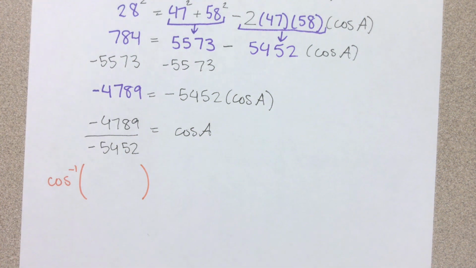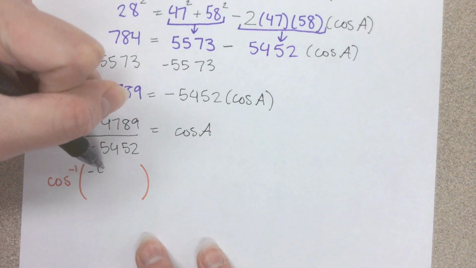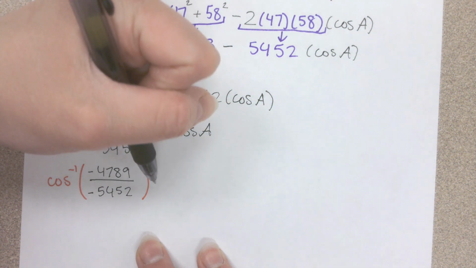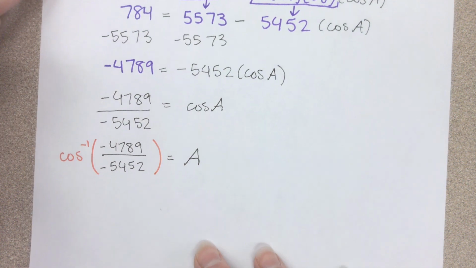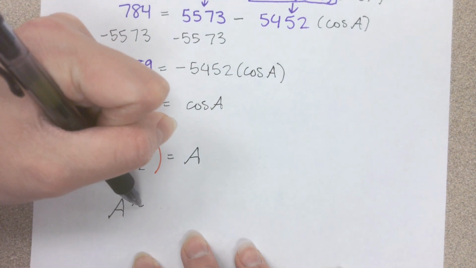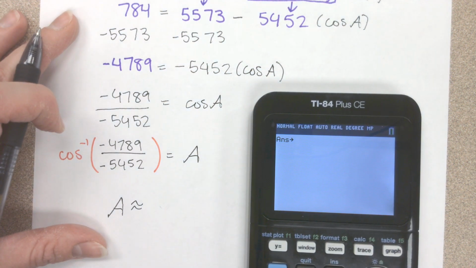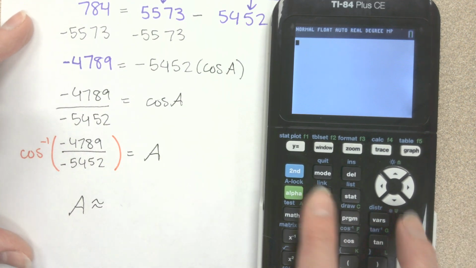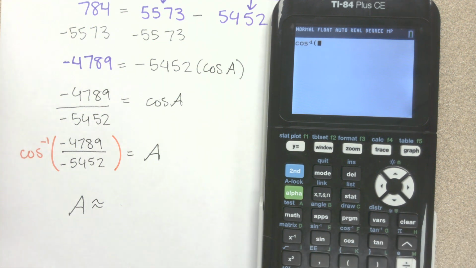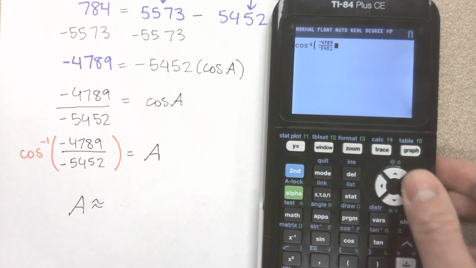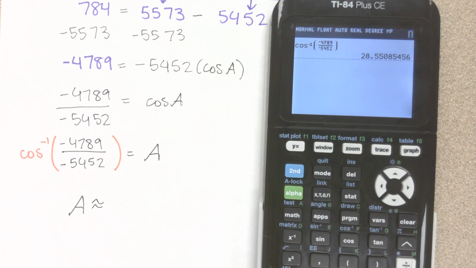Inverse cosine of that fraction. Typing that in. Reminder, make sure you're using inverse cosine. That gives 28.6 degrees.